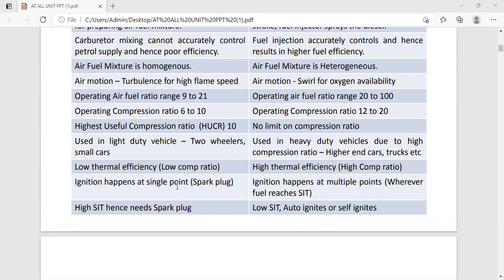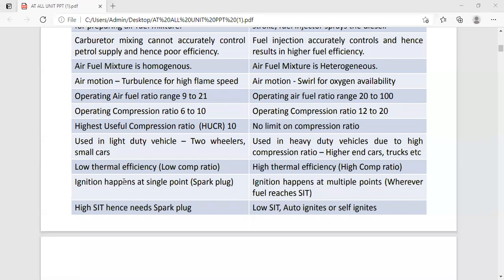okay, cars, trucks, because heavy duty requires a higher compression ratio. So at that time we are using a 12 to 20 compression ratio to drive that vehicle, because it is a heavy duty vehicle.